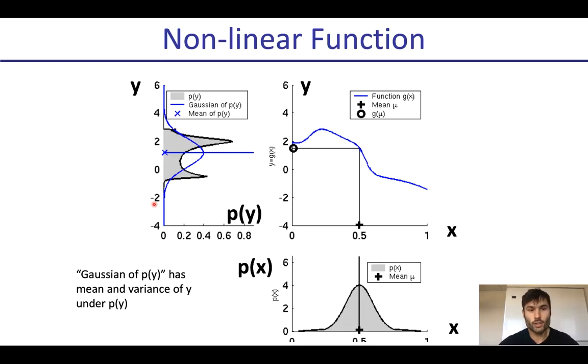We know that a Gaussian is just parameterized by a mean and a standard deviation. So what we can do in order to find this Gaussian is to just compute the mean and standard deviation of P of y and assign those to a Gaussian.